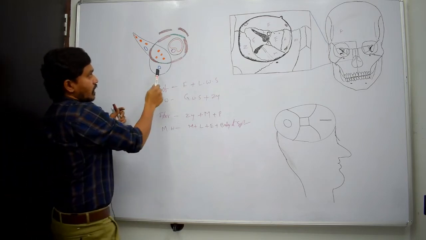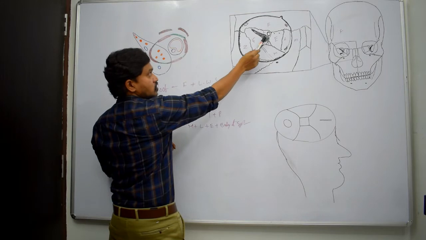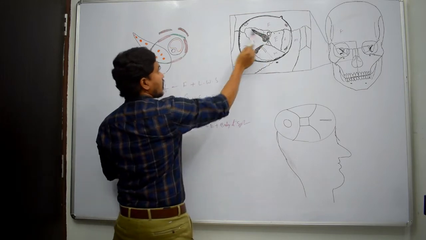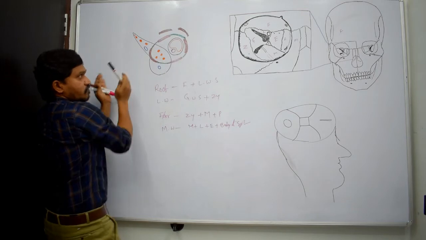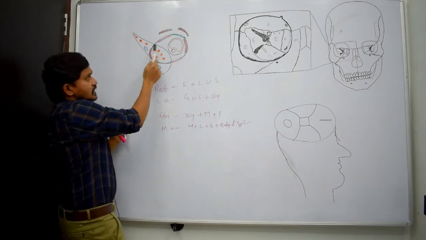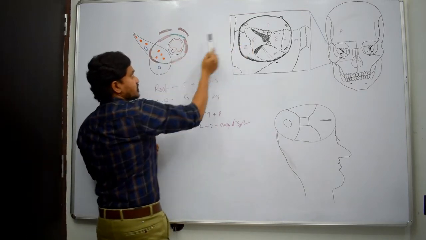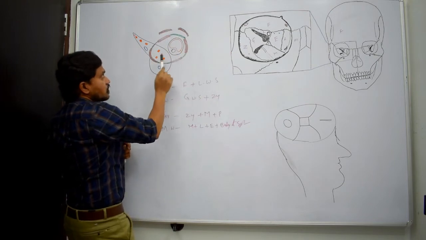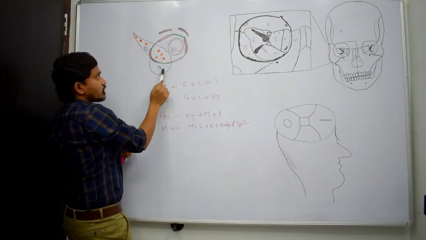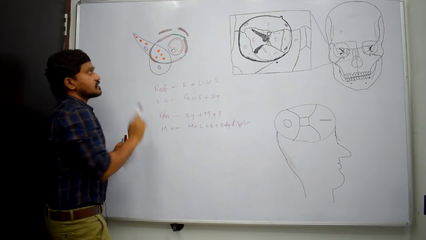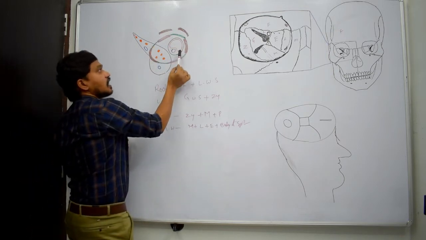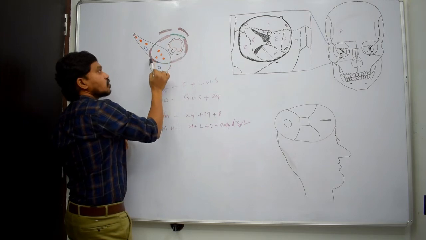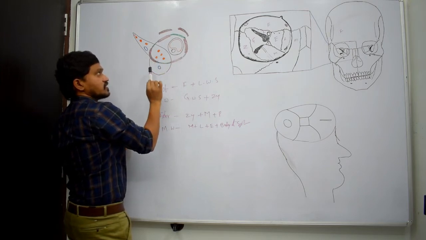I have taken this superior orbital fissure along with the optic canal and magnified it here. See, this superior orbital fissure is divided into upper part, middle part and lower part by the common tendinous ring. This common tendinous ring of Zinn encircles the optic canal and the lower part of the superior orbital fissure.